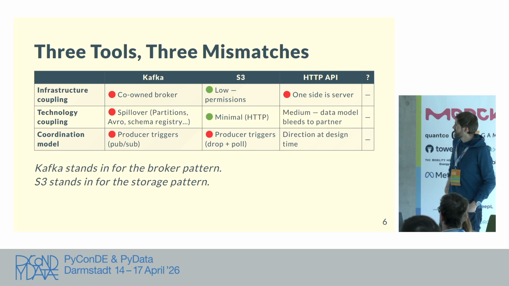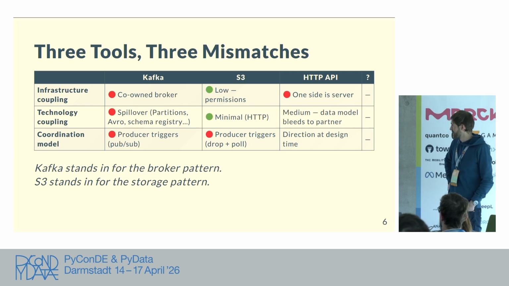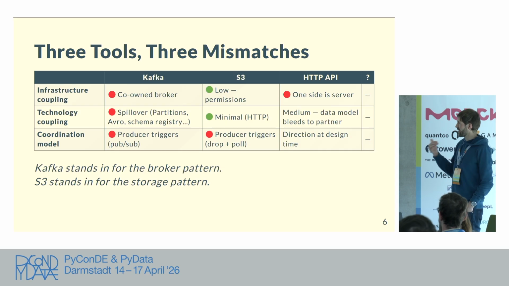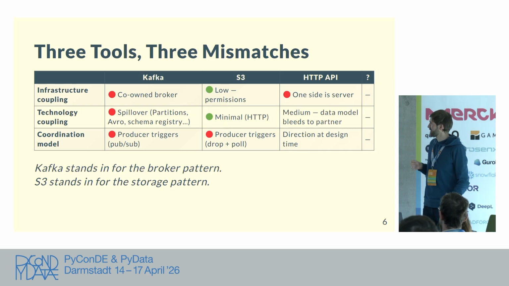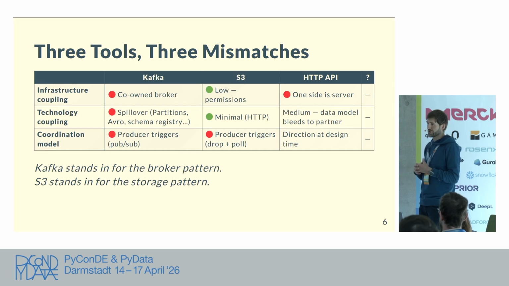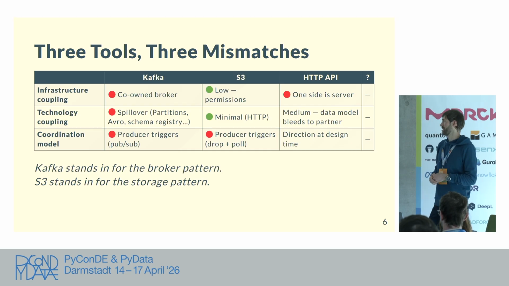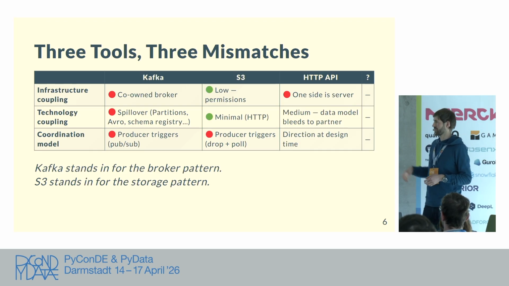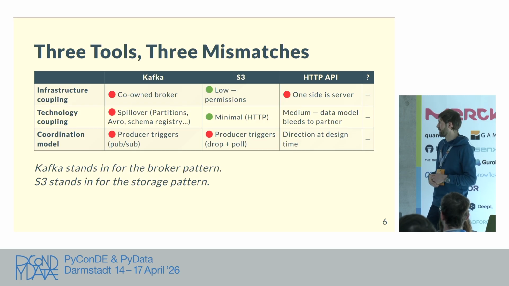The general thing that we observe is that message brokers usually have a specific protocol that's kind of a spillover in the technology. Second, there's some kind of a cluster broker in the middle that needs to be co-owned or at least shared from one side. It's a huge infrastructure part. And the coordination model is just push. So you push it in on the one side, it drops out on the other side. You can't really request data.